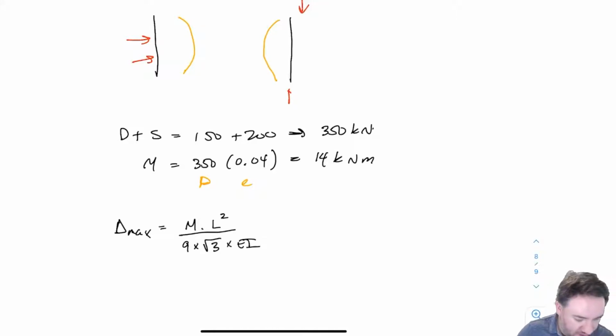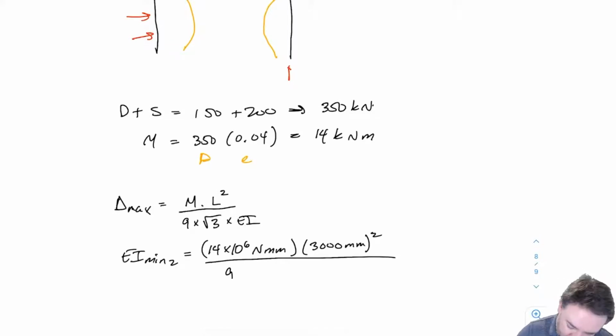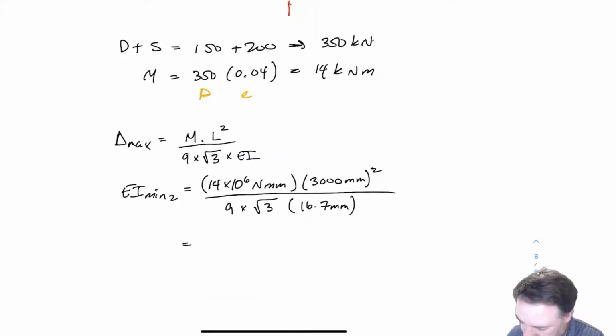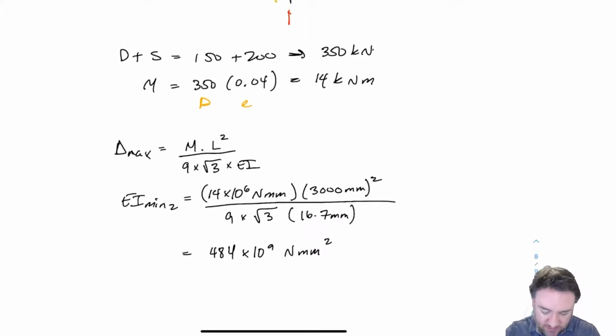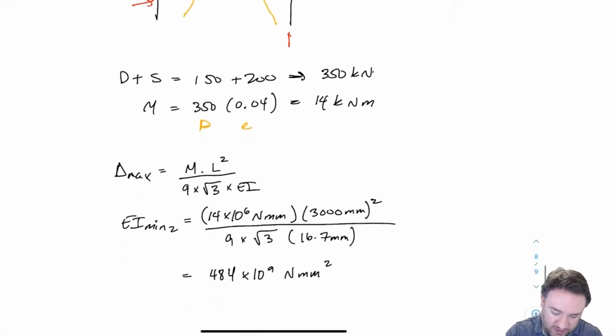If I rearrange this for EI min, the value we get is 484 times 10 to the 9 Newton millimeters squared. So this is the maximum bending in the outwards direction, like this kind of bending.